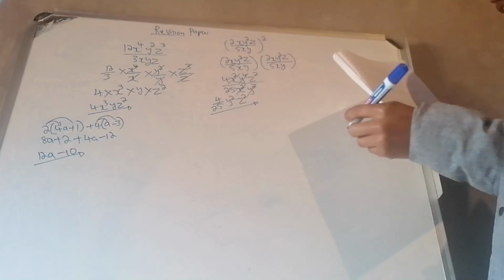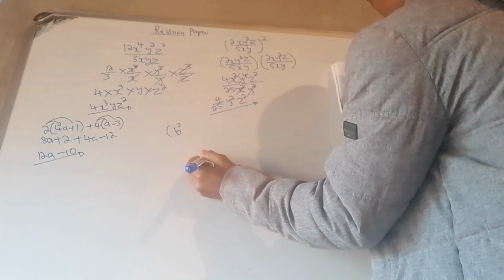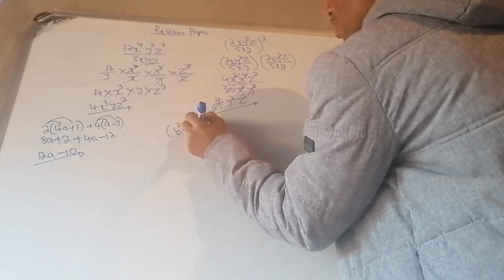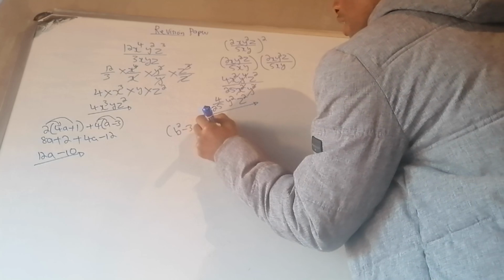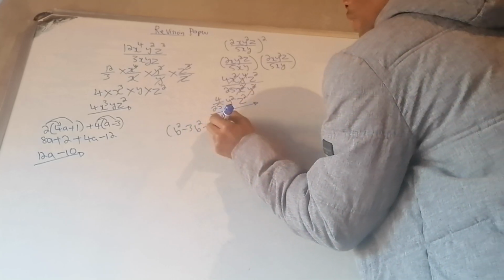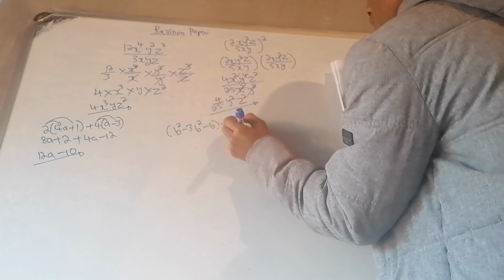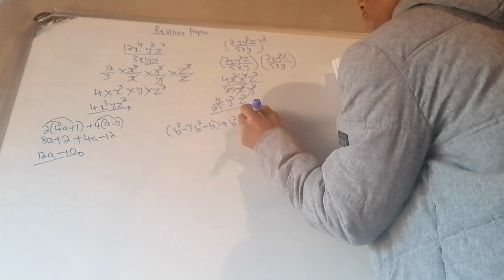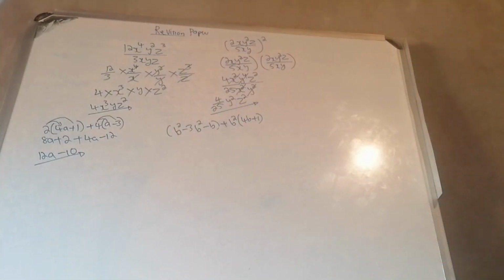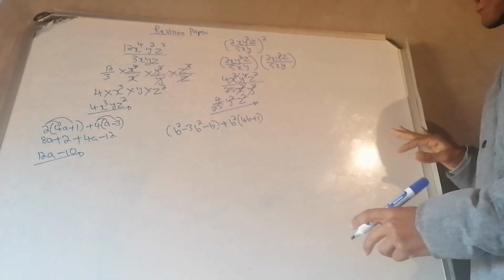Another problem: b squared minus 3b squared minus b, sorry, plus b squared into 4b plus 1. Now b squared minus 3b squared are like terms.